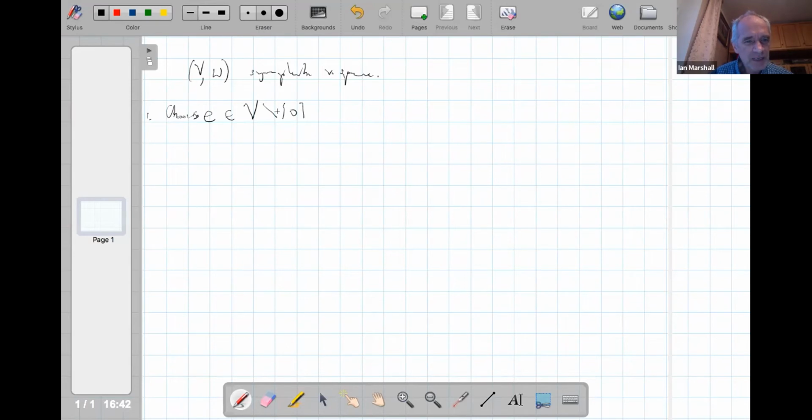That's the first step: we choose f in V such that omega(e, f) is not equal to 0. This is always possible because omega is non-degenerate.